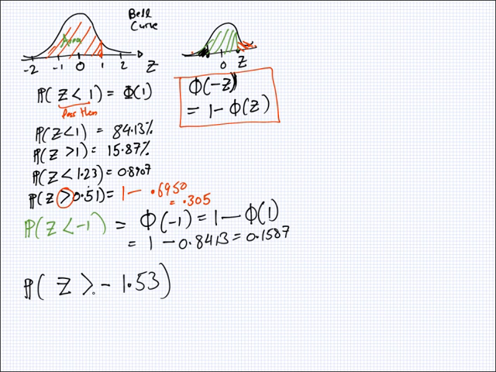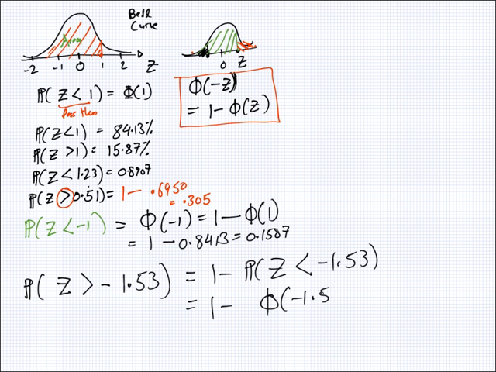Right, first things first, what's wrong with this? It's negative, and it's a more than. So let's deal with the more than first. This will equal 1 minus the probability that Z is less than minus 1.53. Good. Which means we should do 1 minus, and then we look up the value of minus 1.53 in the formula book. However, can we look up negative values? No, but if we use this formula here, we can change this into 1 minus bracket 1 minus 1.53.